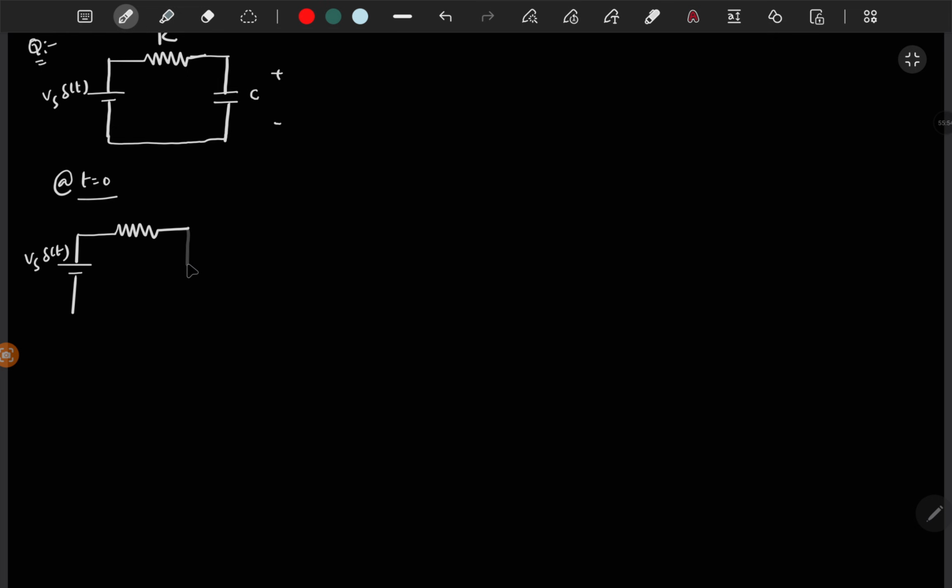So only at t is equal to 0 you have impulse voltage, right? And this capacitor should be short circuited. So if you have impulse voltage and you are giving that directly to a resistor, then the impulse current will flow.